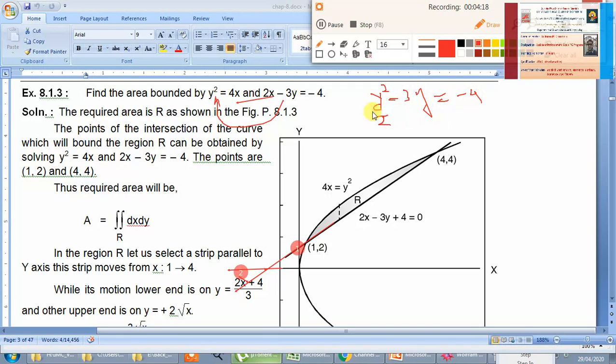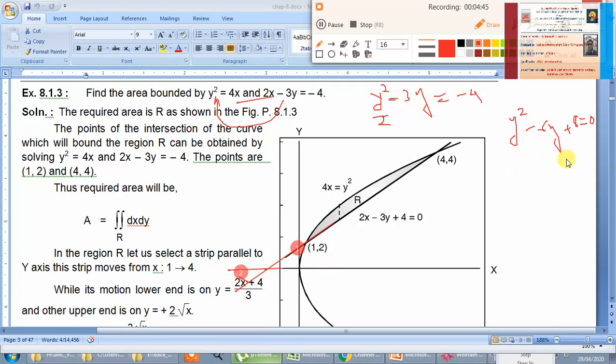Multiply again by 2, we get y square minus 6y plus 8 equal to 0. If you solve this equation, we get two values of y. The first value is y equal to 4 and the second value is y equal to 2.